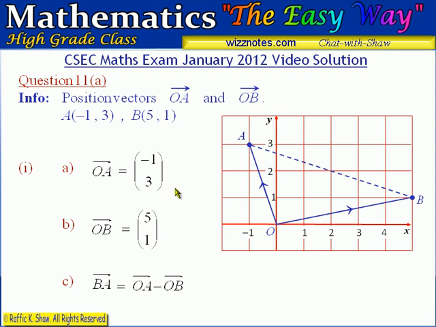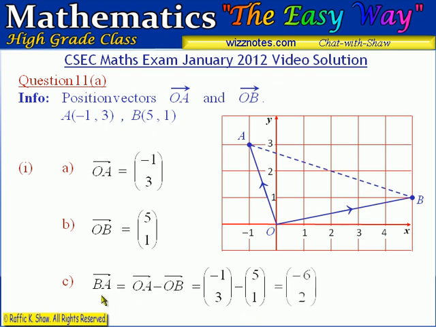So we can use these to calculate the vector BA, and this is it. Vector BA is the column matrix for OA, that's -1, 3 from here, minus the column matrix for OB, that's 5, 1. And when we do that calculation, we see -1 minus 5 is -6, and 3 minus 1 is 2.